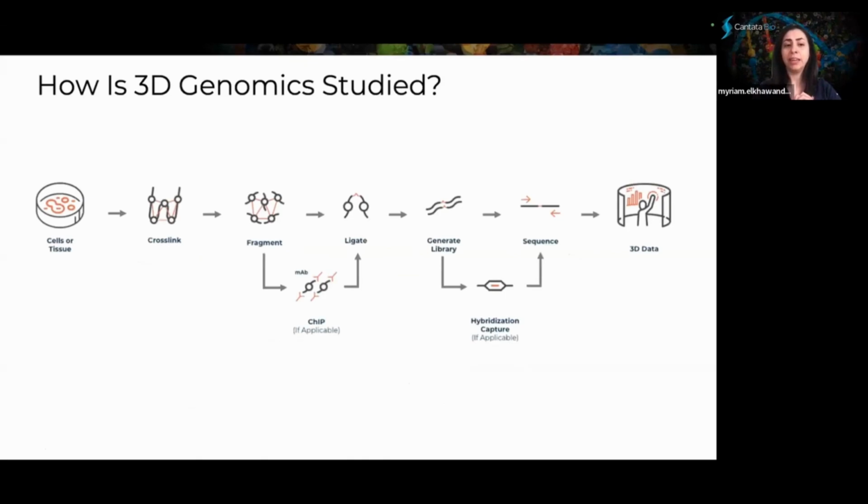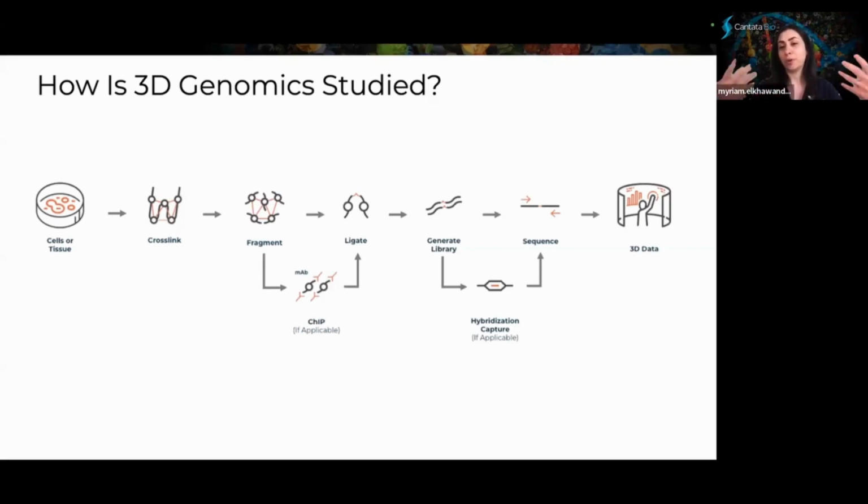Or 3C technique. There are also different flavors of it, but all the 3C techniques have in common this core workflow, which uses proximity ligation. The idea behind them is that you're capturing interactions between regions of the genome that are co-localized in 3D space, interacting with each other, but that are distant from one another in the linear physical space.